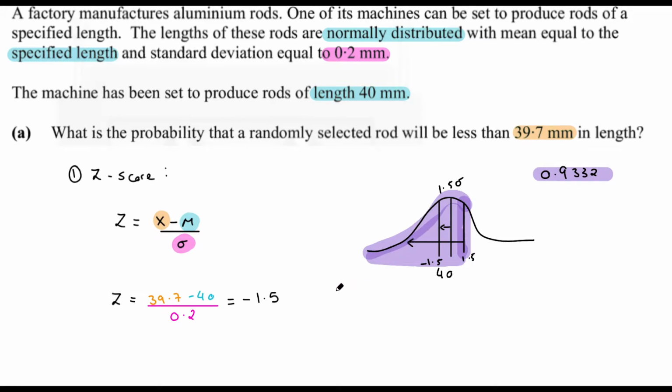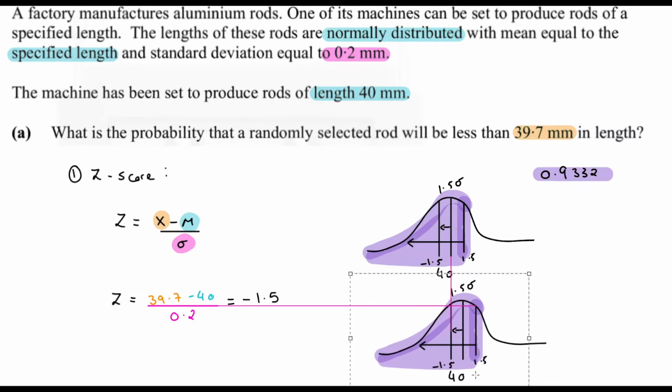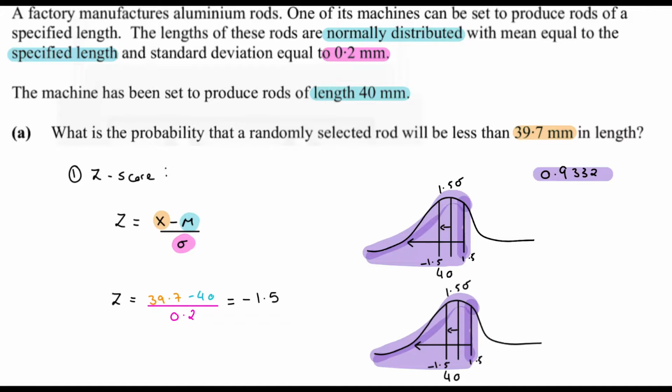So if that is the region below 1.5, to get the region below minus 1.5, we're going to use the fact that the graph is symmetric. And what I know is that if I want to find below minus 1.5, which is down here in this yellow region, I know it's actually the same as above 1.5 on the positive side.